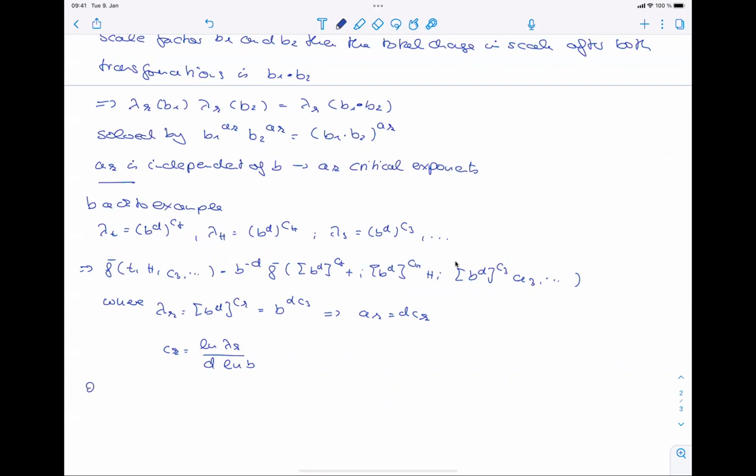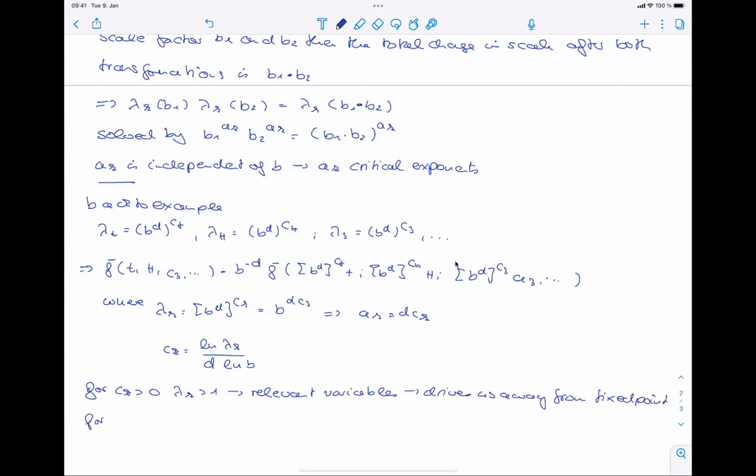So remember, we have now CK is bigger than 0 if lambda k is bigger than 0. So that's for the relevant variables, which drive us away from the fixed point.